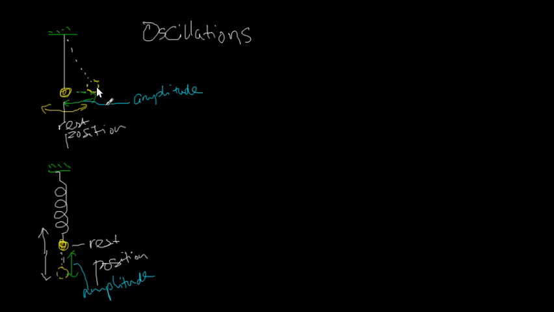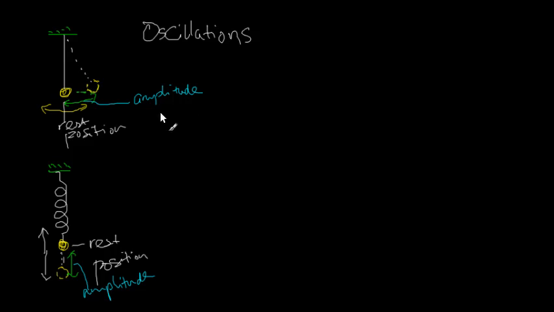This amplitude, the rest position, it goes back and forth, and we have the idea that each time it goes back and forth, it takes a certain time, right? And we might have the idea that the time is always the same, right? When it goes back one way and comes back to the same place, the time taken is called 1 period.